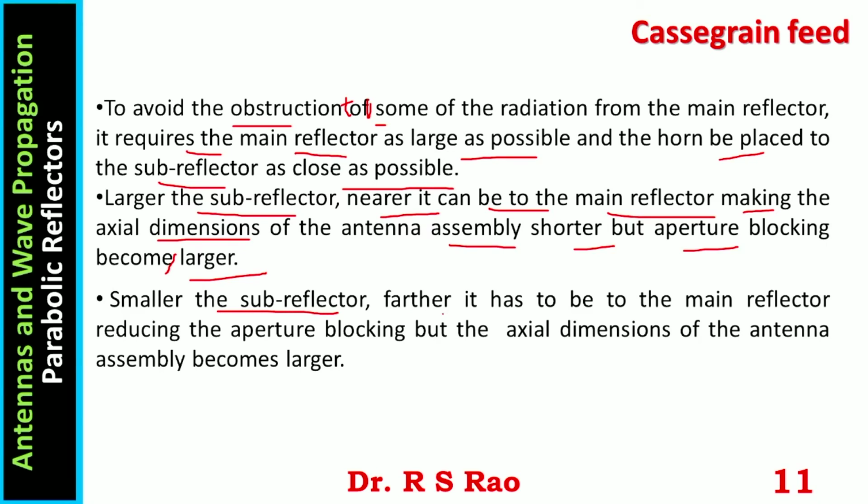The smaller the sub-reflector, the farther it has to be from the main reflector, reducing the aperture blocking, but the axial dimensions of the antenna assembly become larger. These are some of the aspects pertaining to the Cassegrain feed.